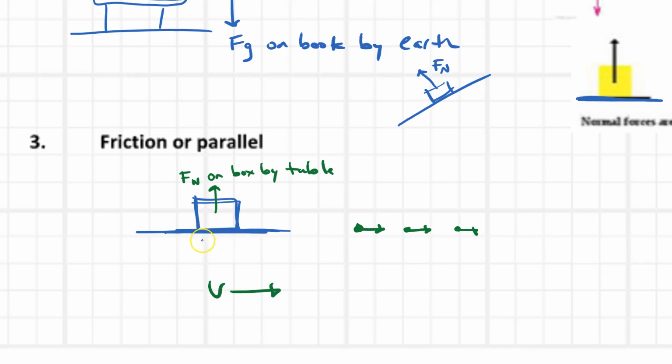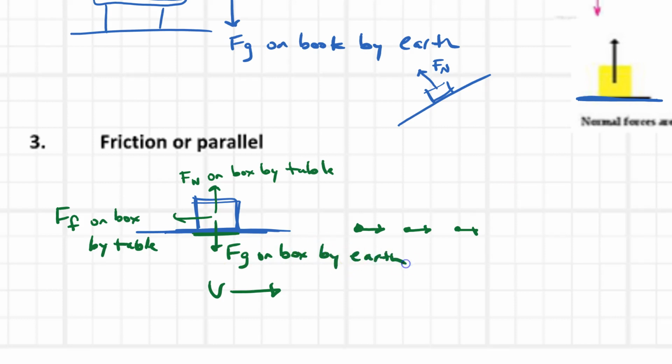So again, it's a contact force between these two, and the friction force, if it's moving to the right, the friction force is going to be to the left. Friction force on box by the table. Of course, there would also be a force of gravity acting on the box by the Earth. So there's an example of a friction force.